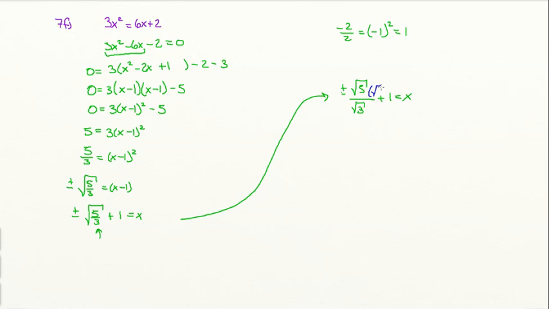So I'm going to times this by root 3 over root 3, and I can do that because root 3 divided by root 3 equals 1. When I do that, I have plus or minus still root 5 times root 3 is root 15. Root 3 times root 3 is 3. Plus 1 equals x. So that's one way you can write the answer.